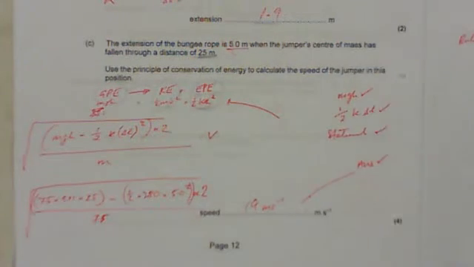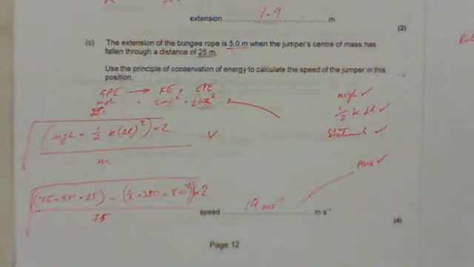That gives me the equation for v. Once I've done the equation, now I just chuck in all my values, being careful to do things like squaring and remembering to times by 2 and putting the brackets in right. It's not that complicated, and the answer comes out to 19 metres per second. So that is how you do it.